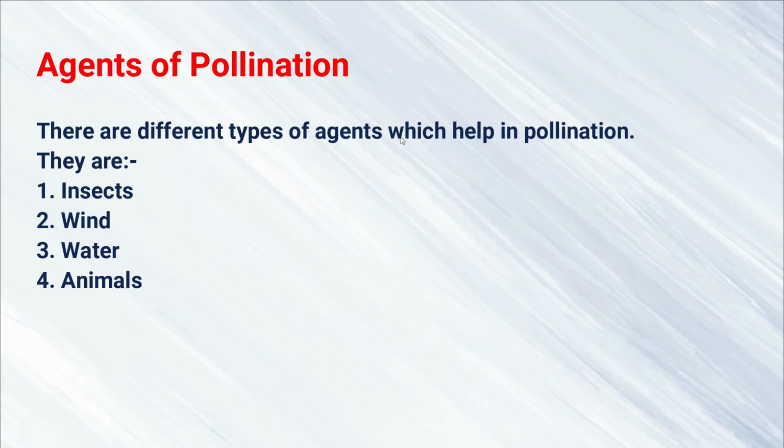Then pollen grains get stuck to the insect bodies and are transferred when the insect goes to another flower. So in this way, insects are the agents of pollination.